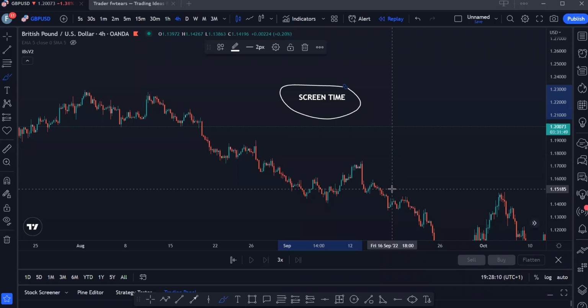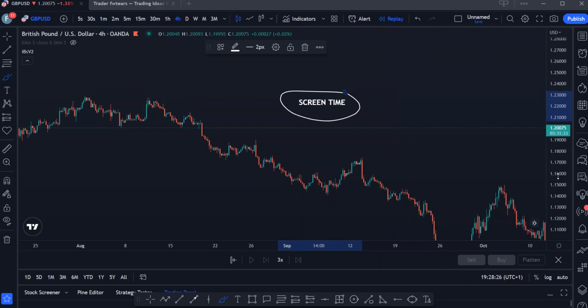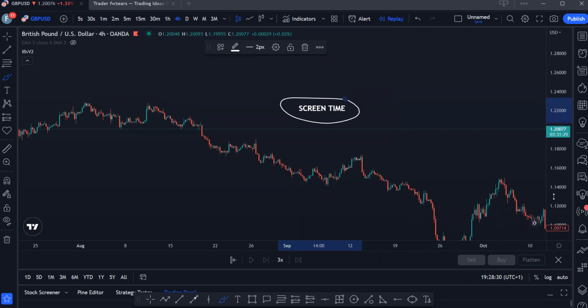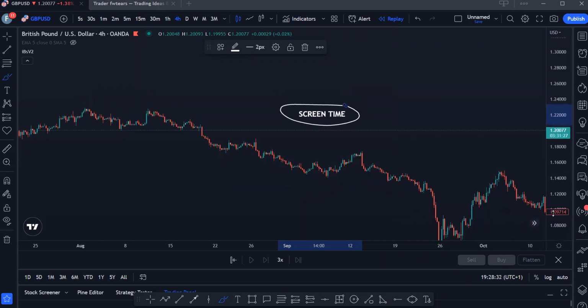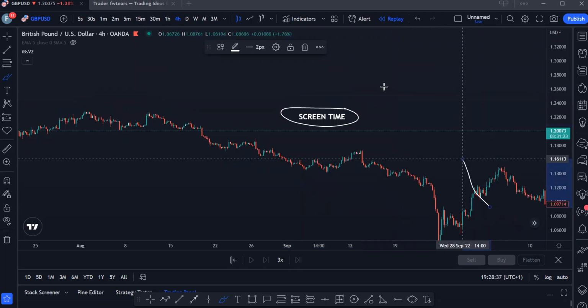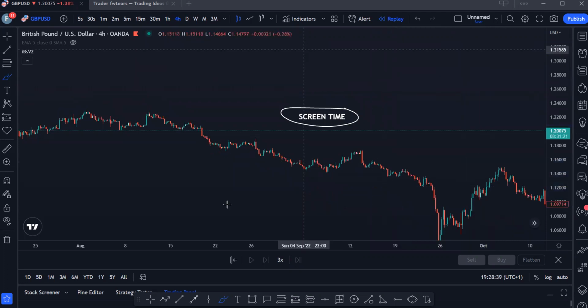You can preempt some things because you've seen it happen so many times. You will know that this is possibly going to happen, and that will guide you. So let me stop ranting, but I need you to please spend time on the chart. Don't get bored of it. Eventually you get bored of it, but spend time on the chart.